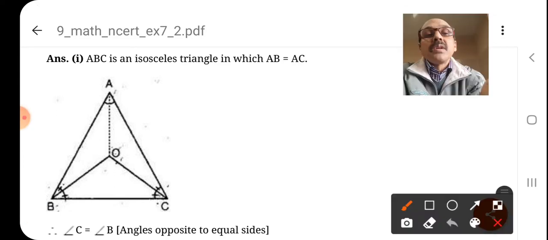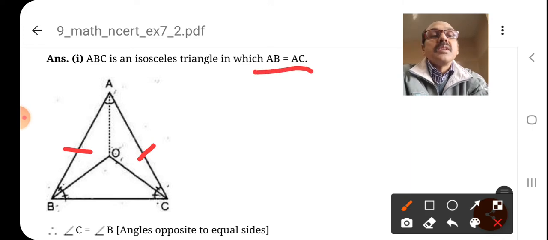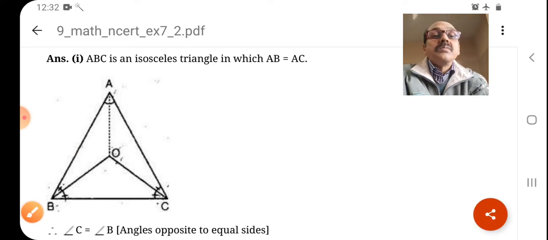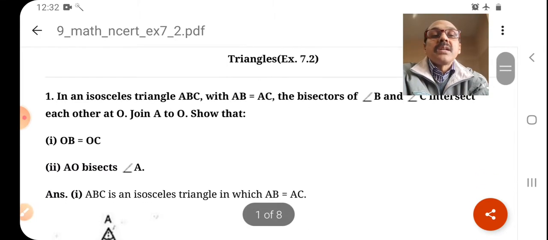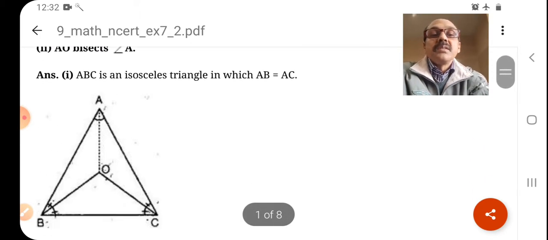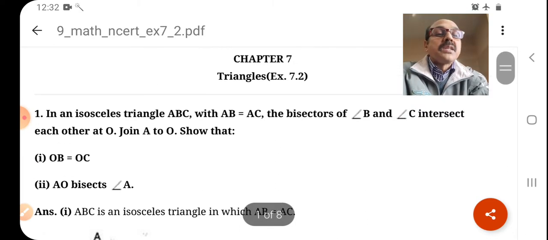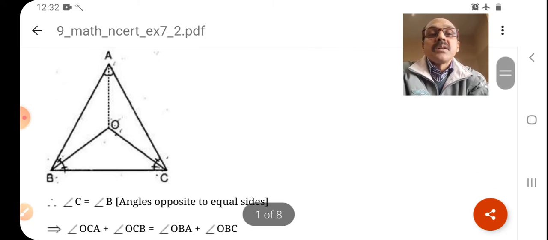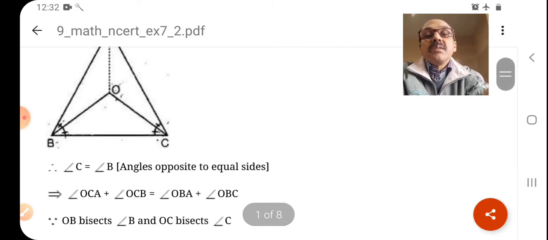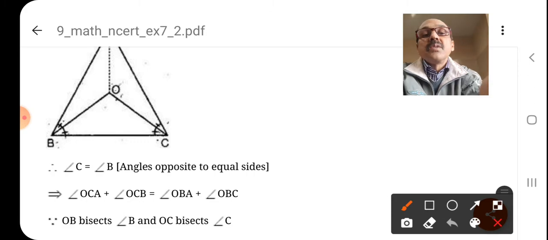So AB this side and this side, AB equal to AC, and the bisectors of angle B and C intersect each other at O. The bisector of angle B is OB, and the bisector of angle C is OC.